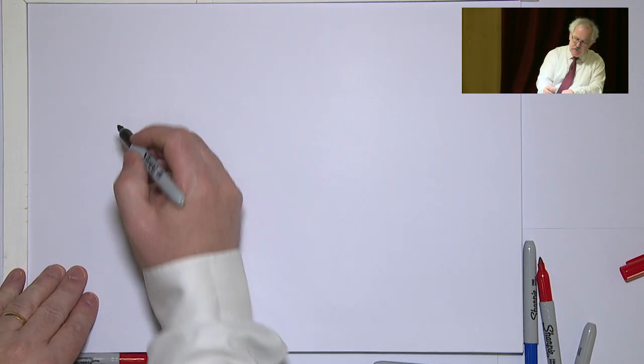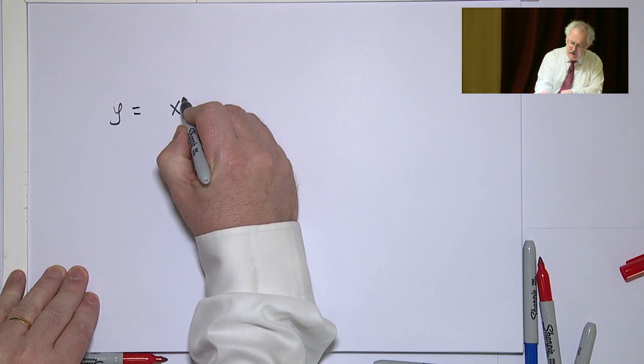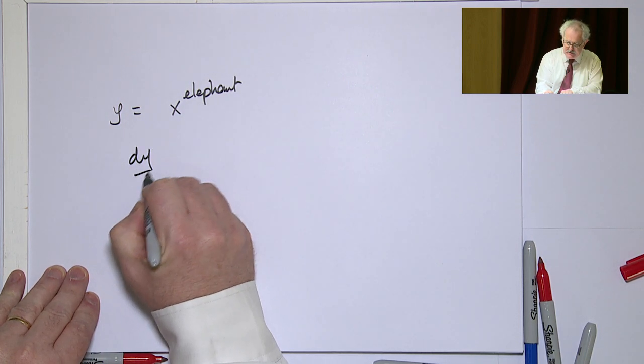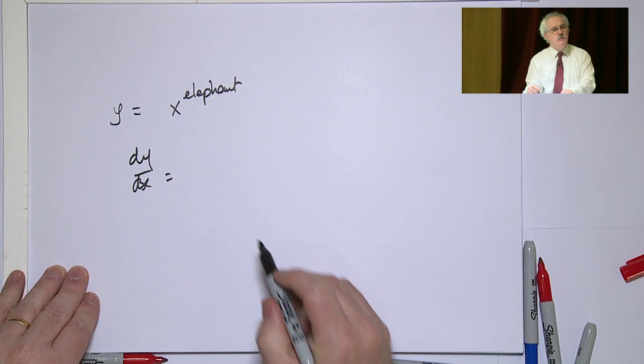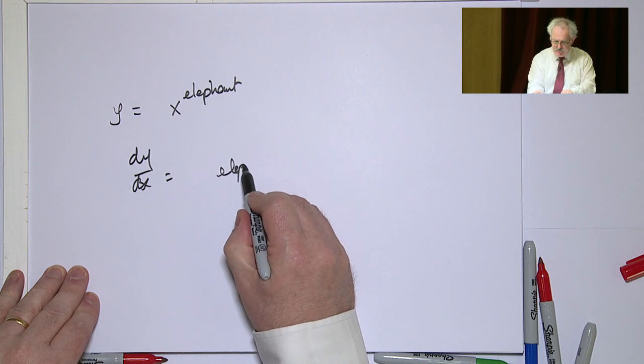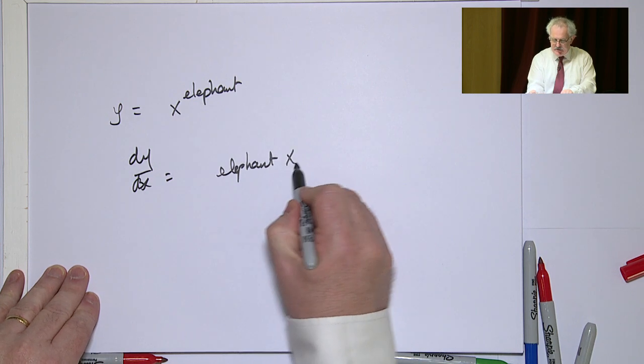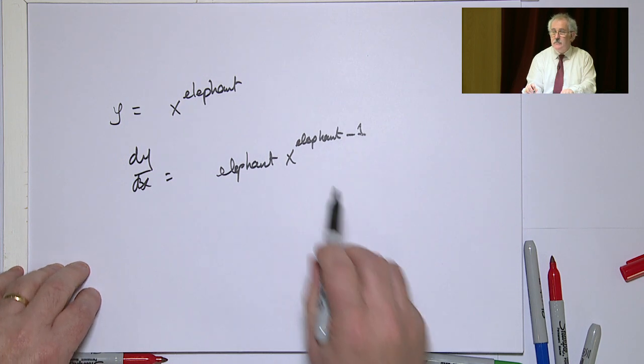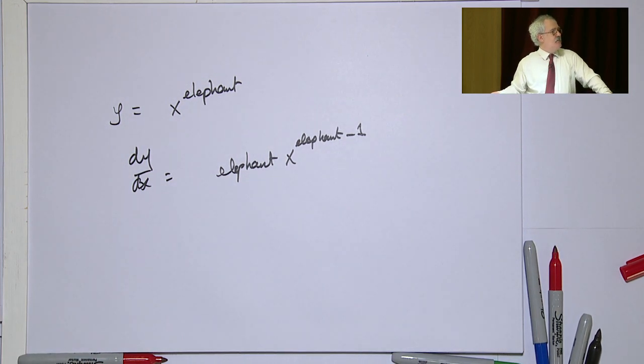So if it's y is equal to x to the elephant, dy/dx is elephant, x to the elephant minus 1. Is that okay? If it's a complex number, if it's a circle, it's an apple pie, that's the rule.